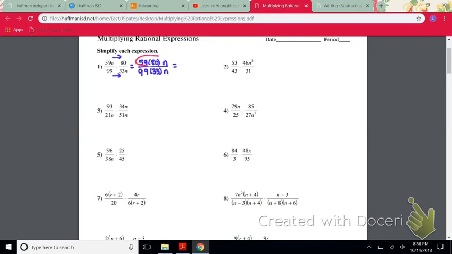So multiply the 59 times 80, and we get 4,720. And then I just have that n over 99 times 33, which is 3,267, and we have that n.